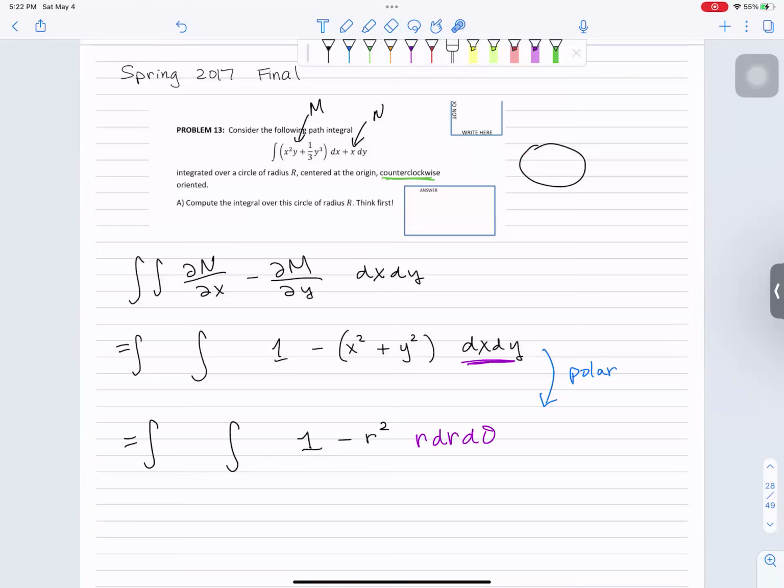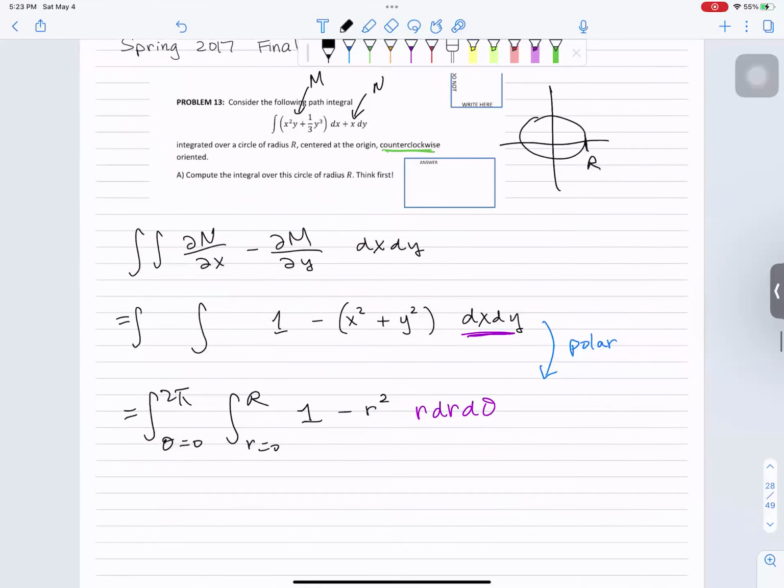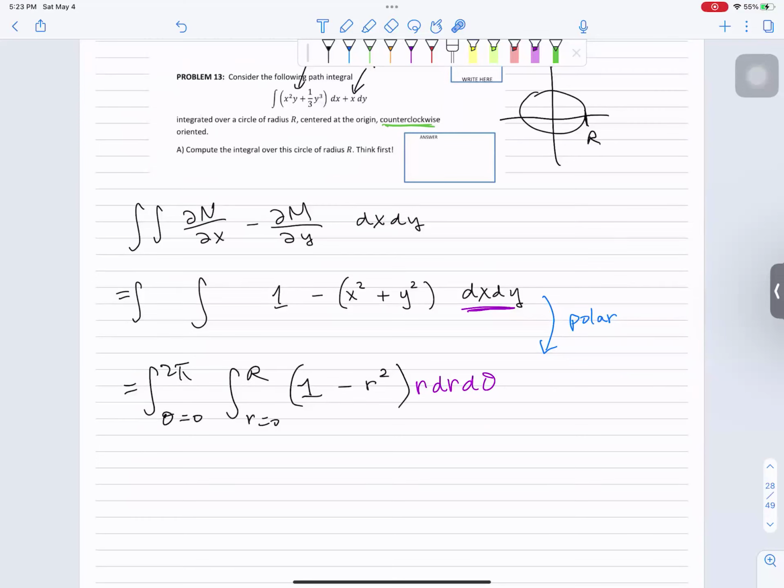And now I have a circle of radius R. So what are my bounds? r goes from 0 to the radius. Theta is my entire circle, so 0 to 2 pi. Oh, and you want to be careful about these parentheses as well, because this r distributes. So if you calculate that, you'll end up getting something like this.